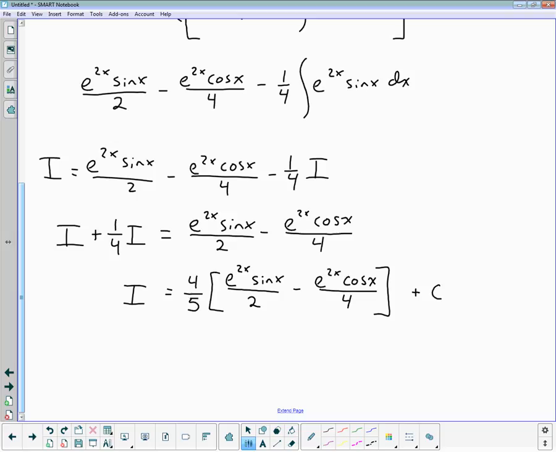And of course, you can distribute the 4/5 and clean stuff up a little bit. That all works. But that's the whole idea.